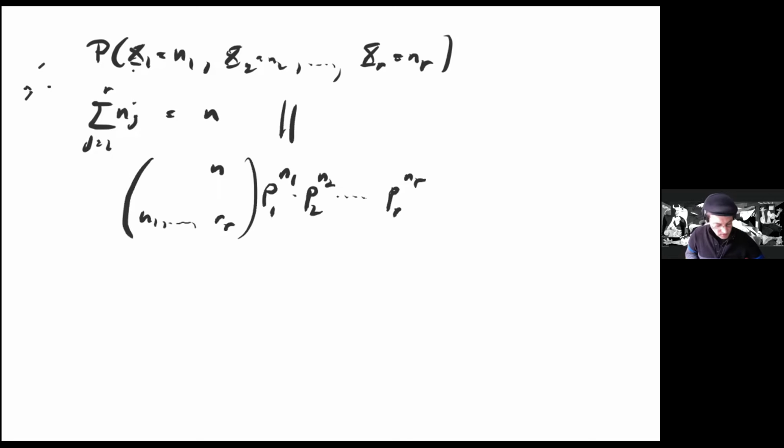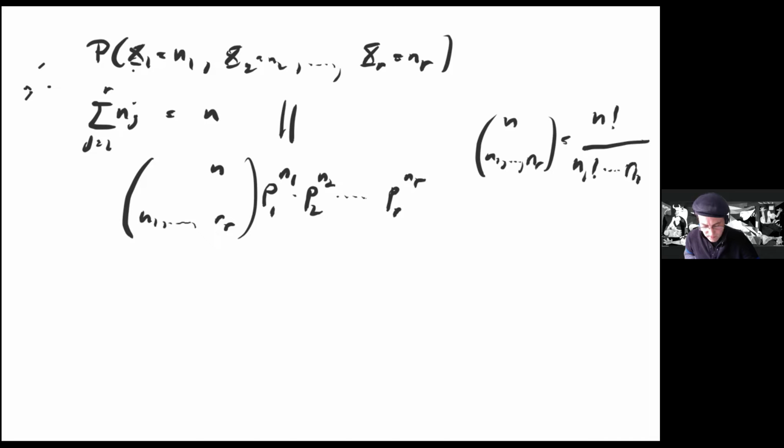So remember what that was. This n choose n1 through nr is n factorial over n1 factorial, n2 factorial, all the way up to nr factorial. Why is that? Well, the way I think of it is this. We have done the experiment n times. We have to put the n1 first outcomes in the n slots.